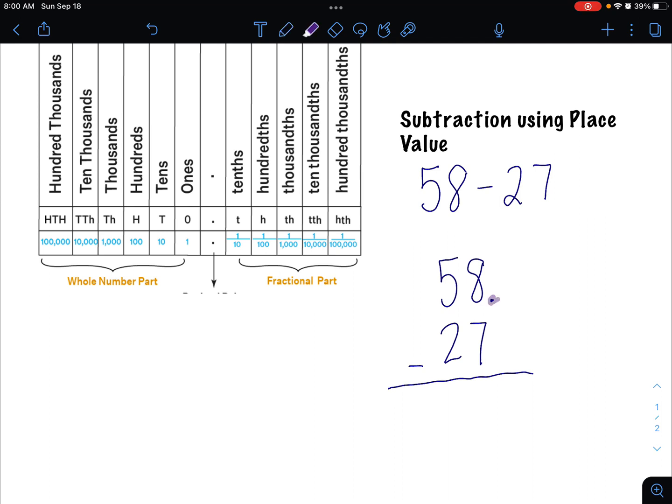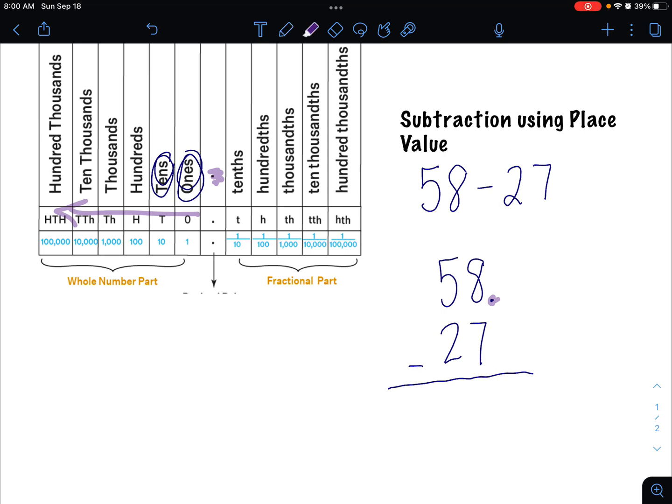So our decimal's here, which means we're looking to the left, because we only have numbers to the left of our decimal. So we're looking at the ones and the tens place.